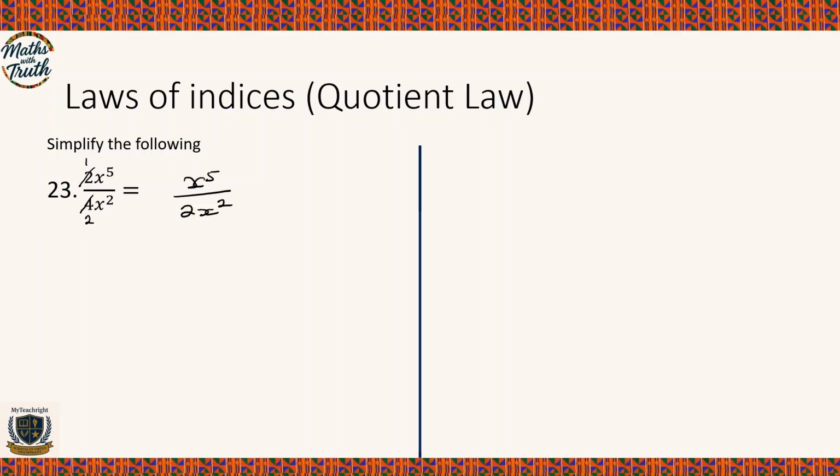Now we have x exponent 5, so x, meaning we can apply the quotient law of indices to the expressions that have x as their base. So then we have x exponent 5 minus 2 divided by 2. And this is equal to x exponent 3 divided by 2.